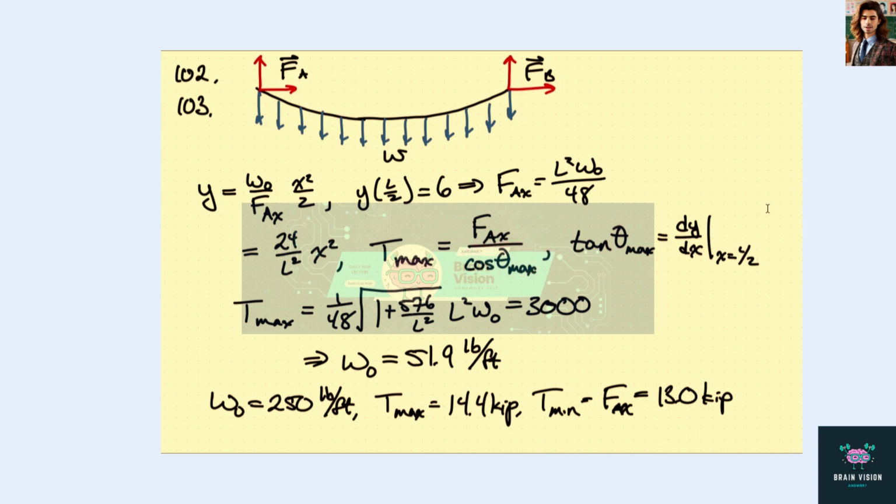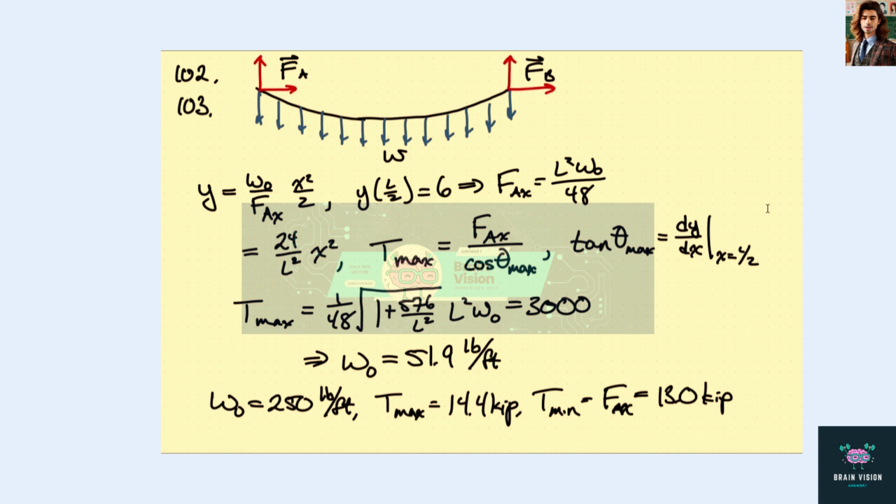With some trig identities and manipulation, we get that the maximum tension is 1/48 times the square root of 1 plus 576 over L squared, all times L squared times omega naught. And that needs to be no greater than 3,000 pounds. If L is 50, then we can solve for W naught, and that turns out to be 51.9 pounds per foot.